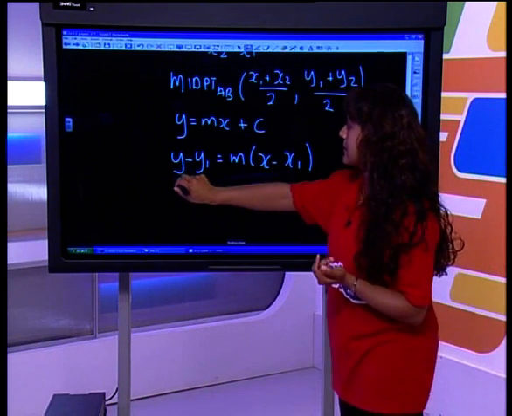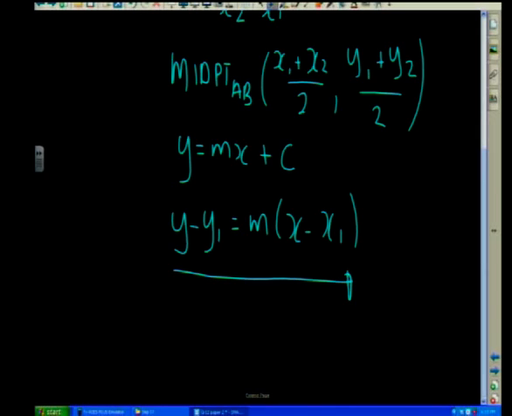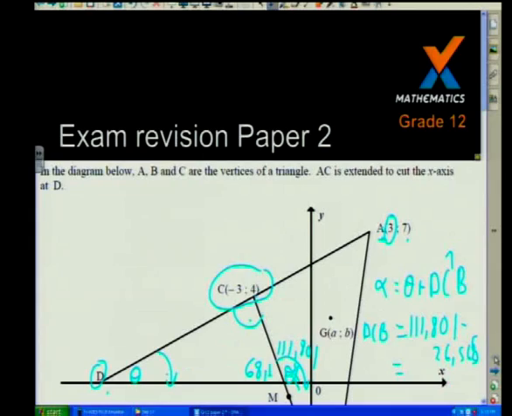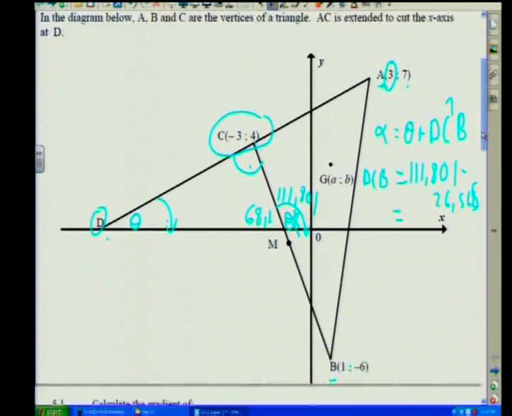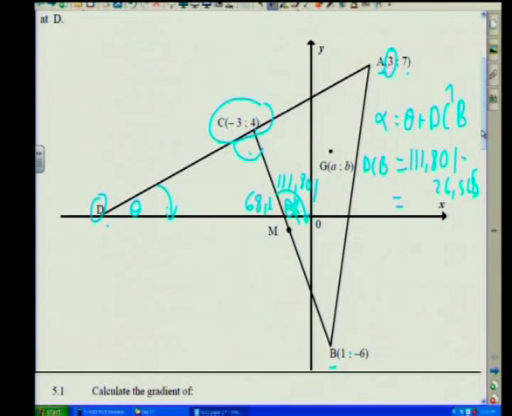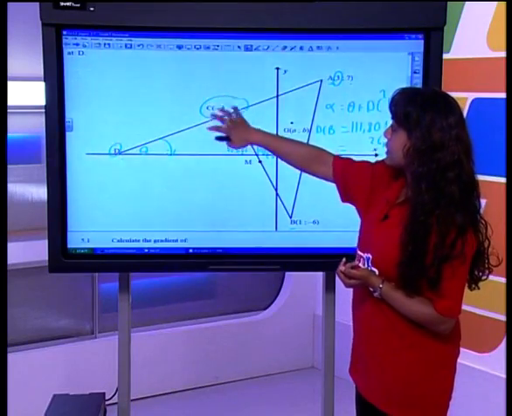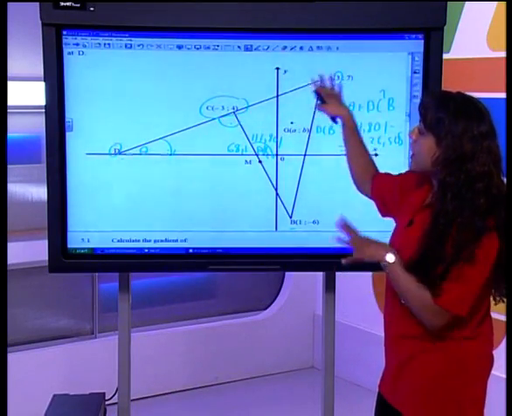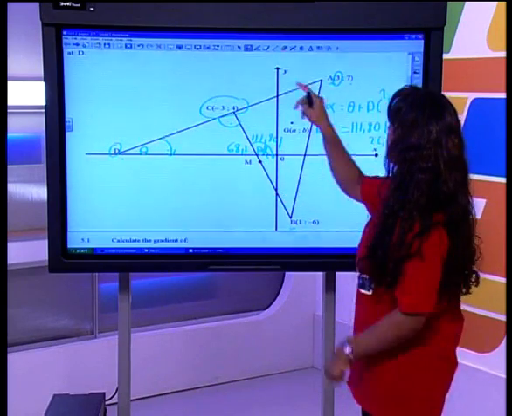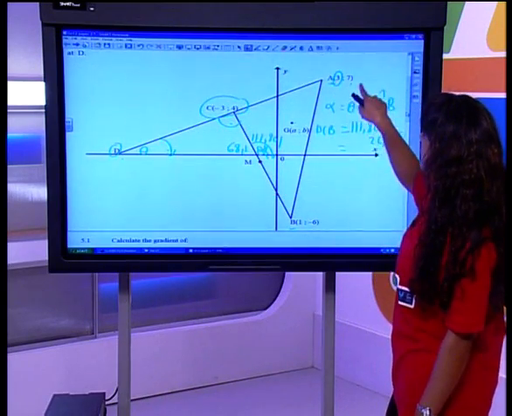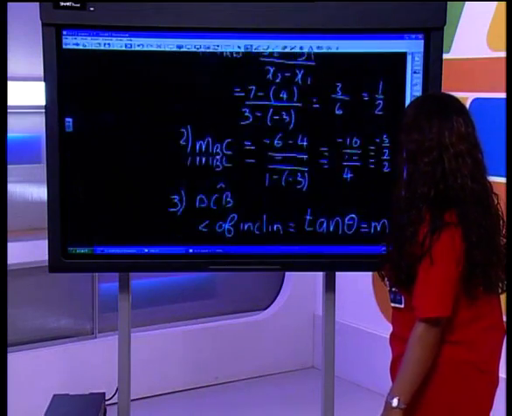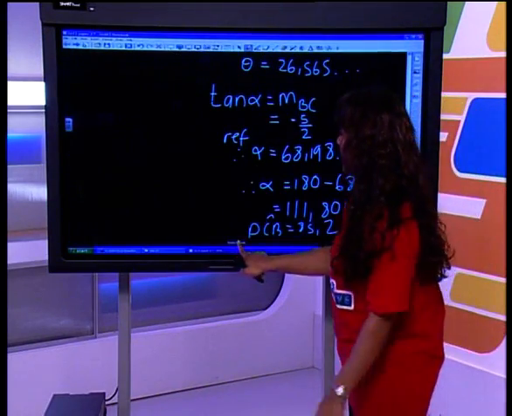Okay, so we're going to use the second formula, this one here, to work out the equation of line AD. On line AD, remember we don't have the coordinates of D, but we do have point C, which lies on the line AD, which helps us to work out the gradient. So we're going to use the coordinates of A, 3 and 7, and our gradient to work out the equation of the line.